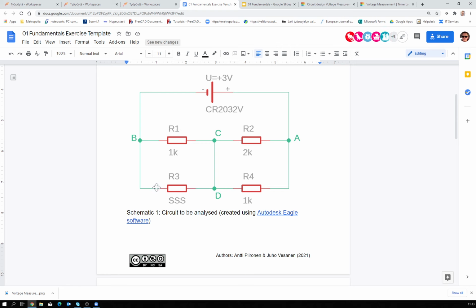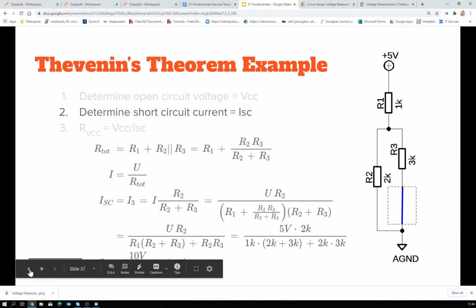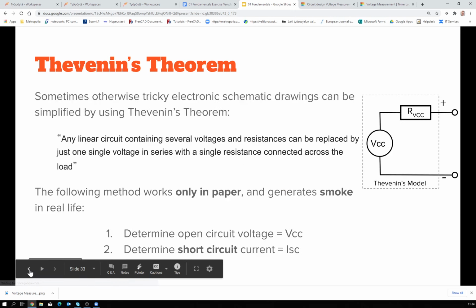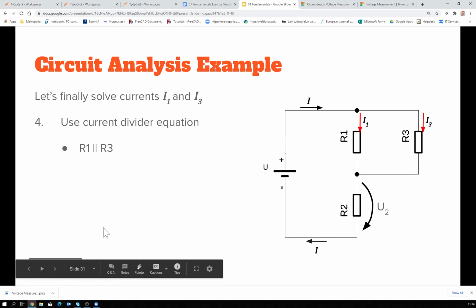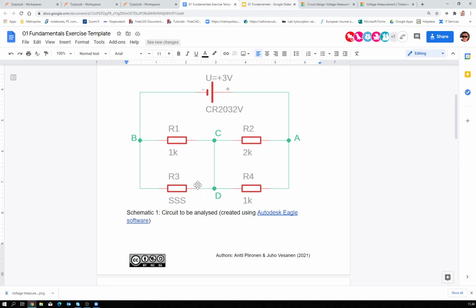It's not marked here, but this is a good example. There are some of these currents marked in this. So what you need to do in that exercise, you will mark your own current, I3, flowing through a component here. Also this current from C to D.